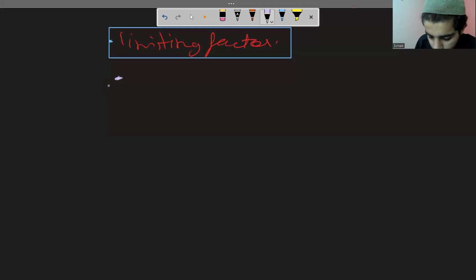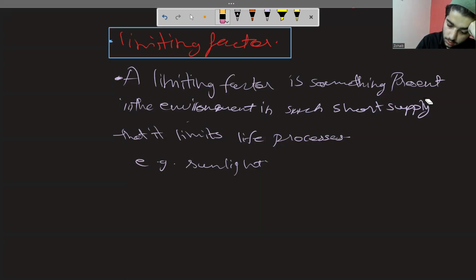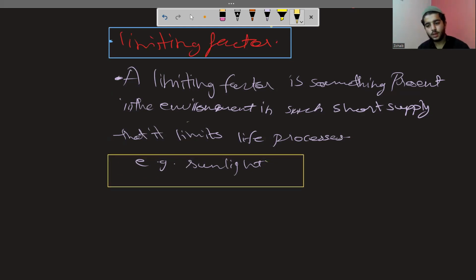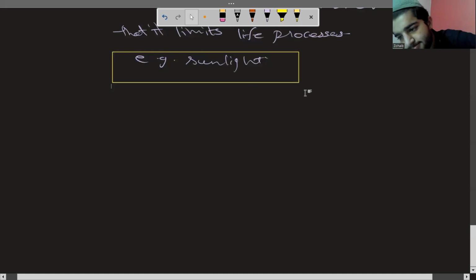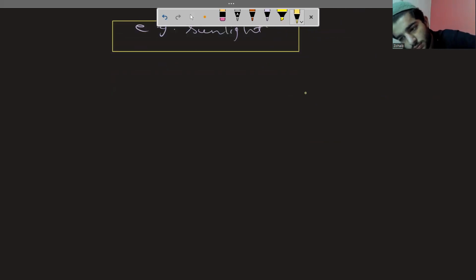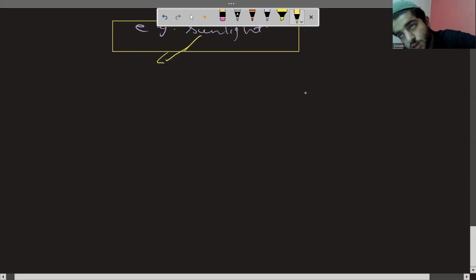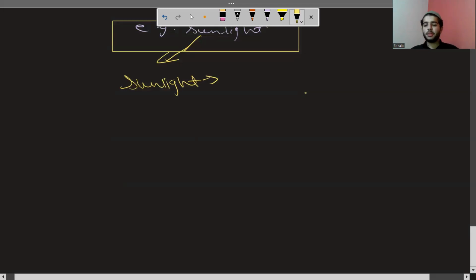So I was telling you what a limiting factor is. A limiting factor is something present in the environment in such short supply that it limits life processes. An example is sunlight, which is only present in daytime, right?